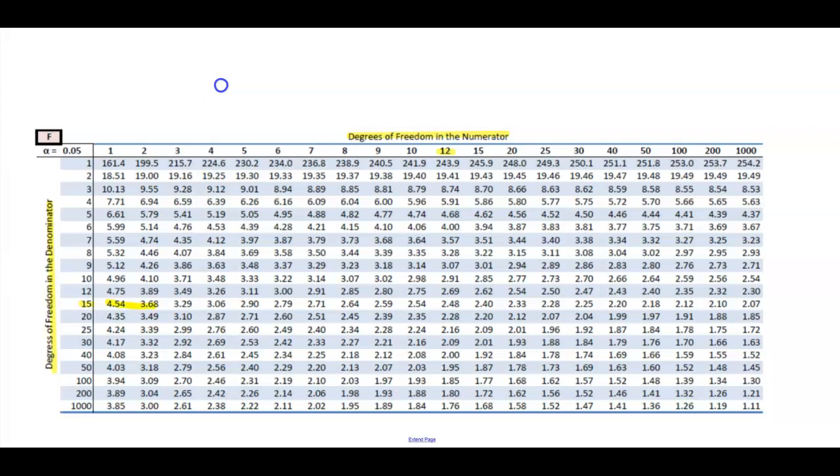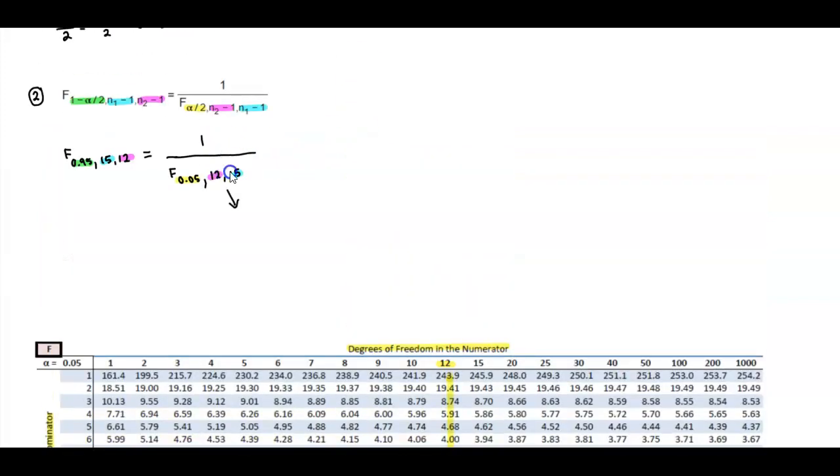So we make our connection with 12 and 15, and we can see that the value we end up getting is 2.48. So now that becomes what we get in the denominator. So this becomes 1 over 2.48.